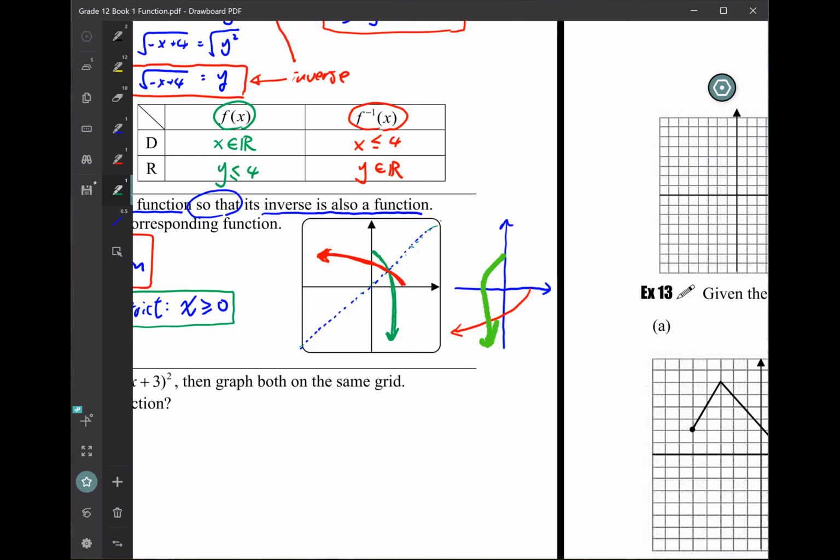The domain for the green graph that you just drew. Now look at the green graph that you just drew here. You drew a green here, right? And for the domain, we're talking about the x. x must be what for the green?